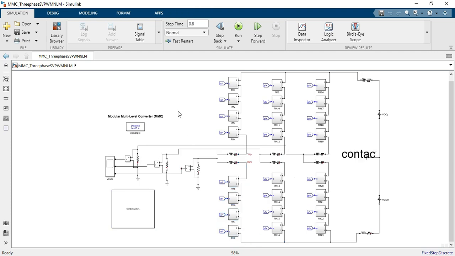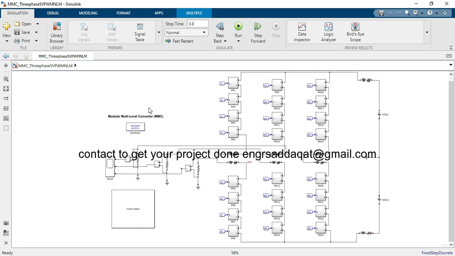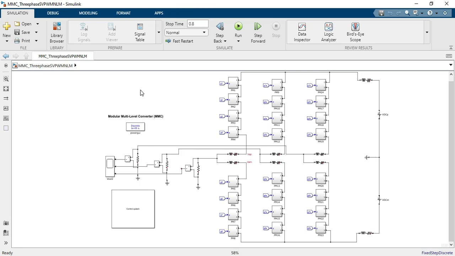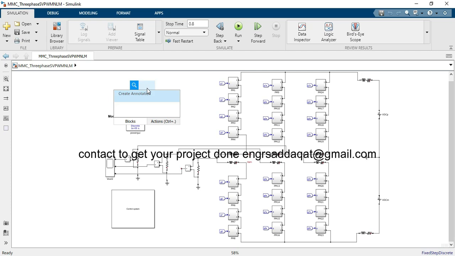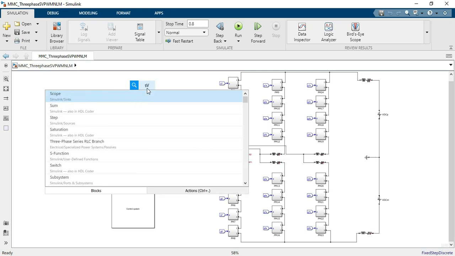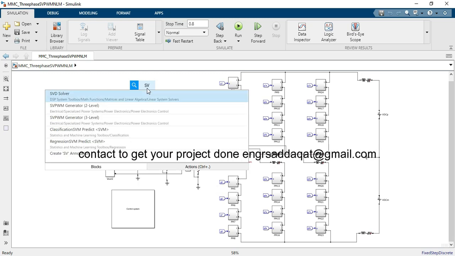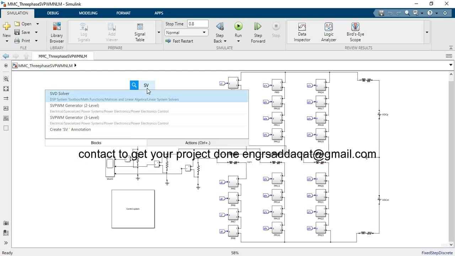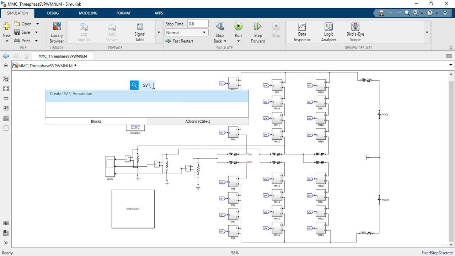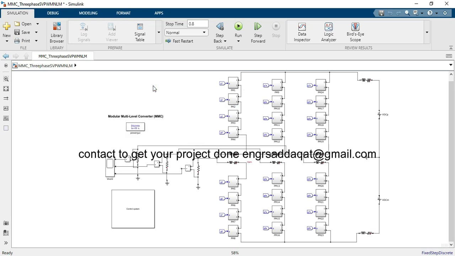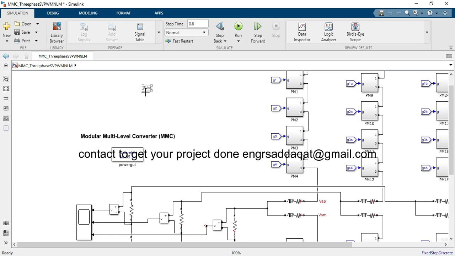Now here, we are going to make an analysis between three popular control techniques. The first one is the space vector, which I call SV.